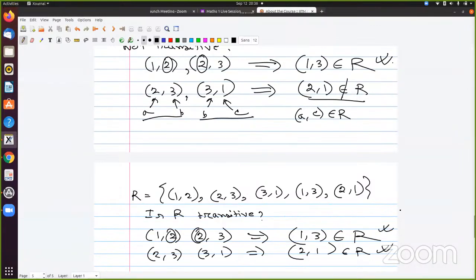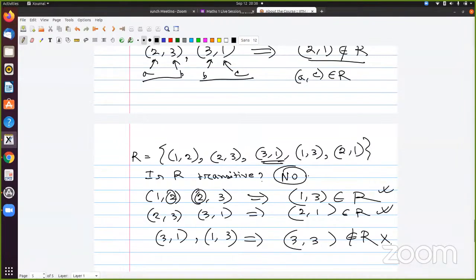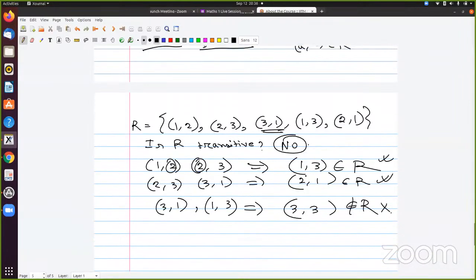So these two are okay. Now for 3 comma 1, is there any element starting with 1? Yes, sir, 1 comma 3. Which element should be inside R for this? 3 comma 3. But it is not there, right? So it is not transitive. Clear? Yes, sir. Sir, 1 comma 1 also is not there.